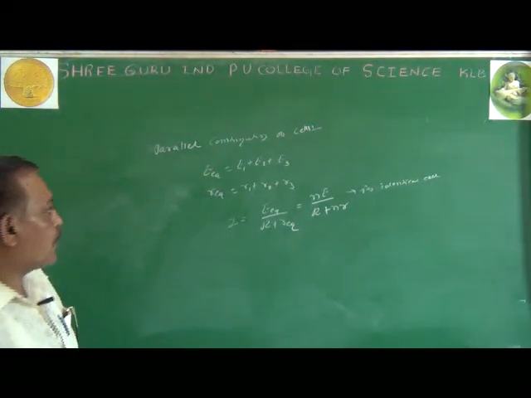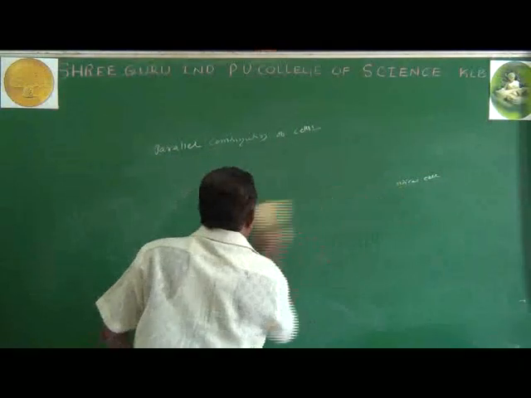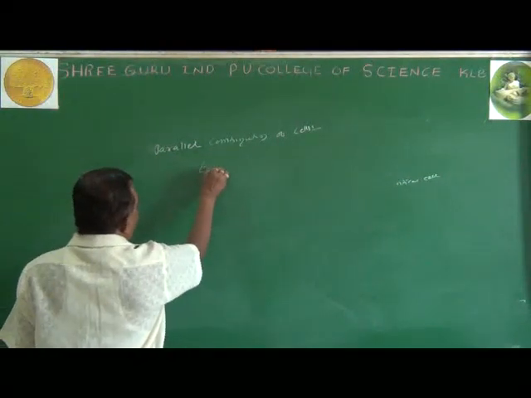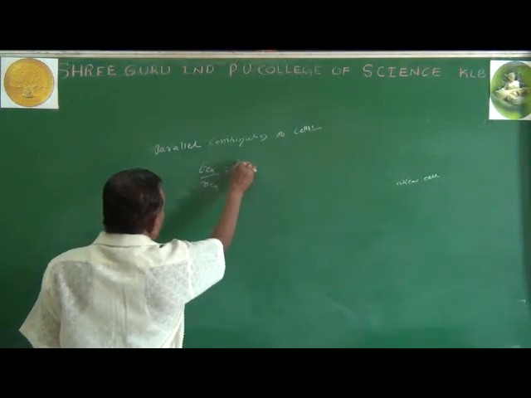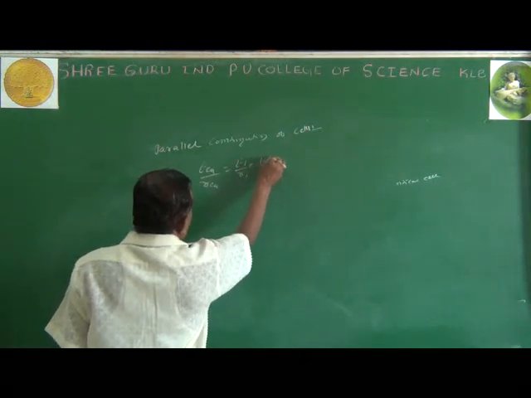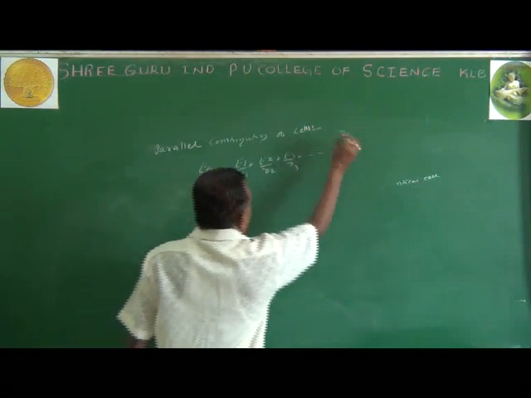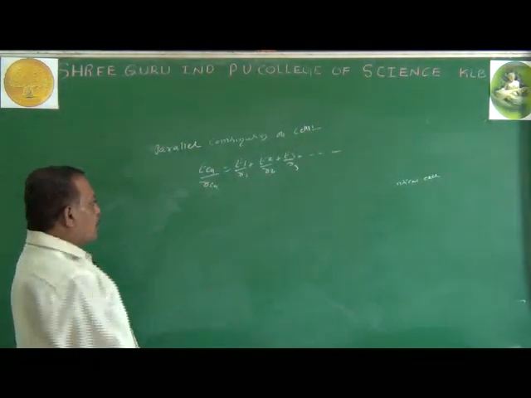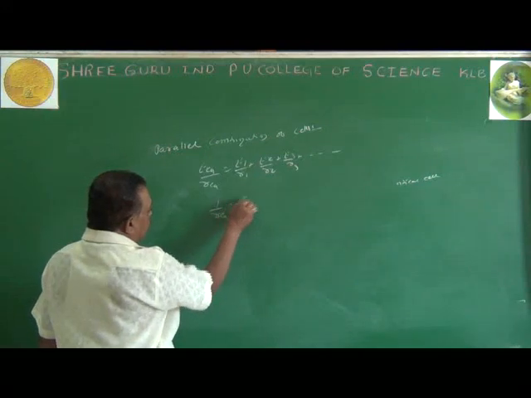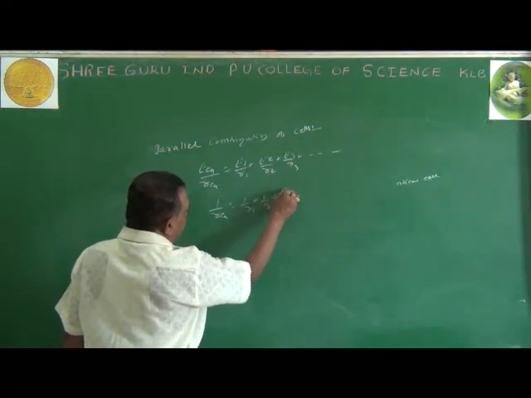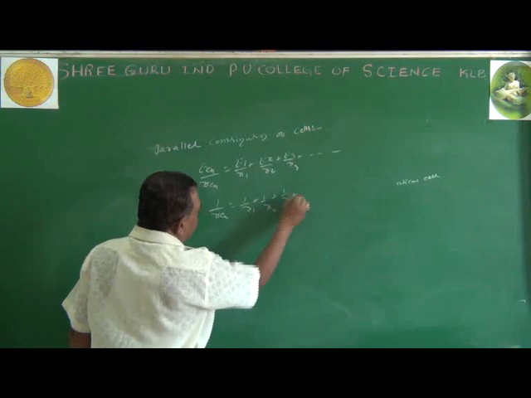In parallel combination of the derivation we come across E equivalent divided by R equivalent equals E1 by R1 plus E2 by R2 plus E3 by R3 plus so on. 1 by R equivalent equals 1 by R1 plus 1 by R2 plus 1 by R3 plus so on.